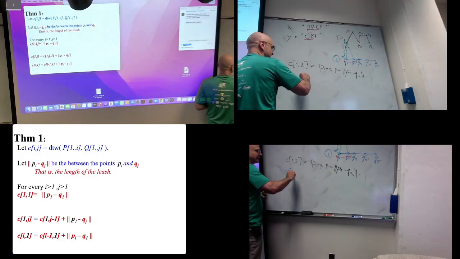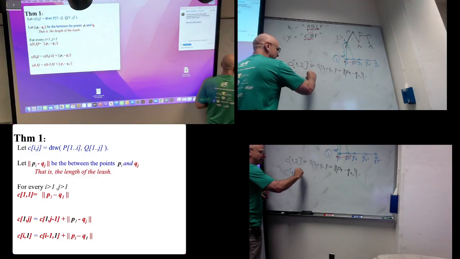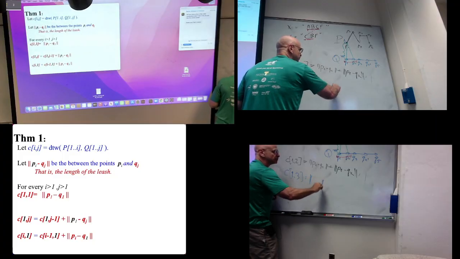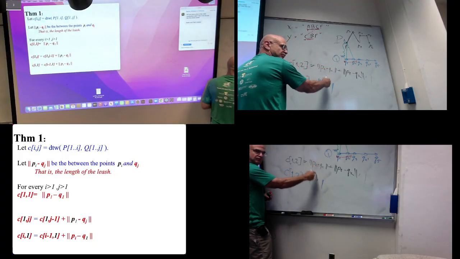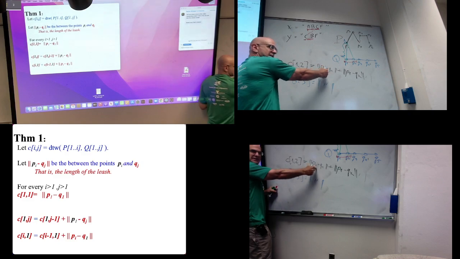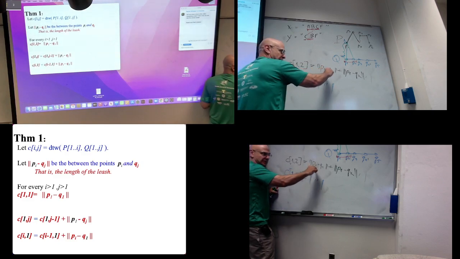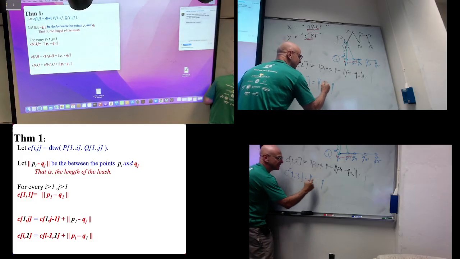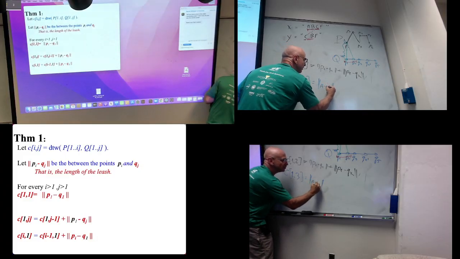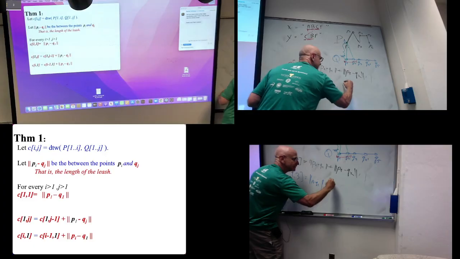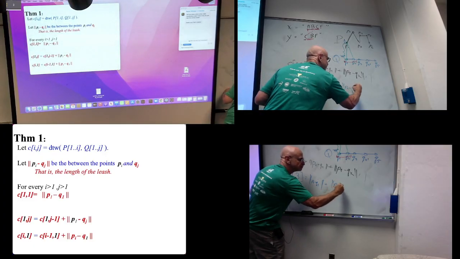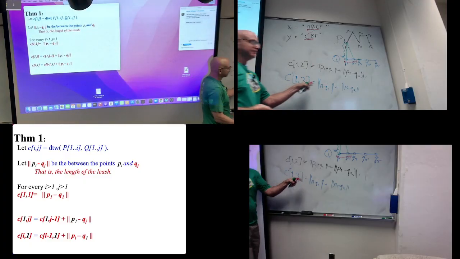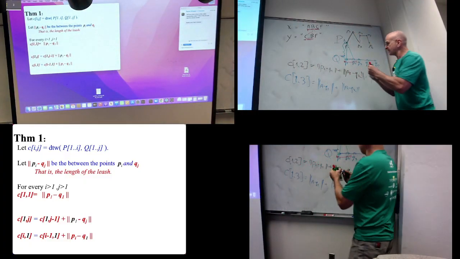What is therefore C1,3? It will be exactly the same thing. Okay, this just means what you have written above. So this is exactly P1 minus Q1 plus P1 minus Q2. Remember, now I wrote 3 here, so there is one more vertex.